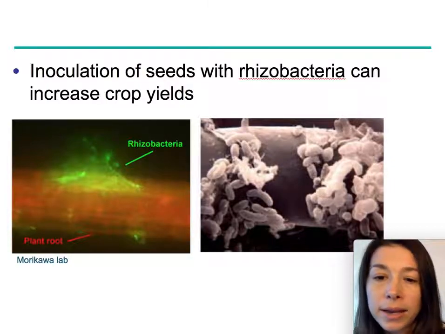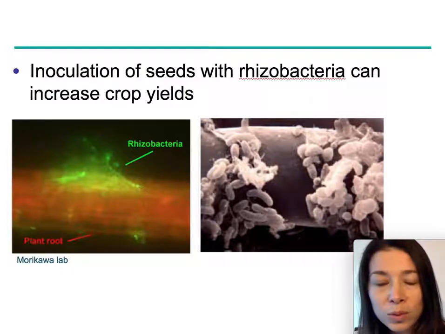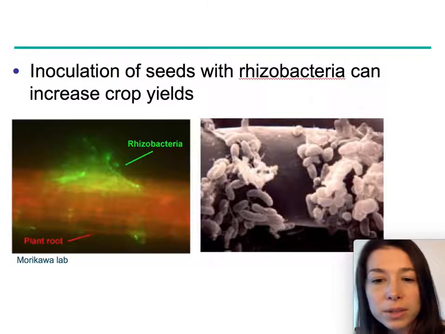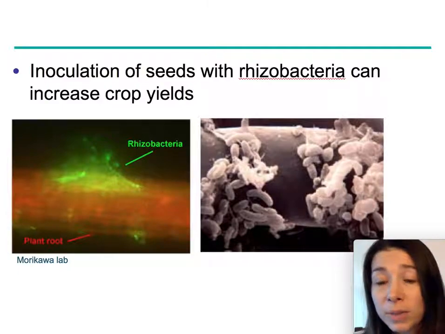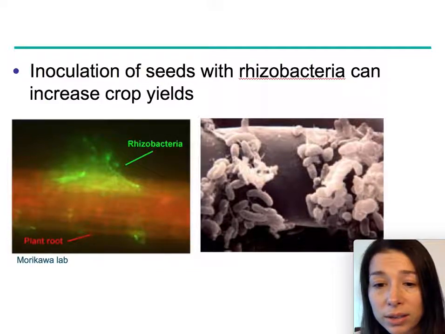So we know it's scanning electron microscope because the scanning gives you that 3D looking appearance. And we see that there are a lot of bacteria growing on that plant root. So we can actually increase our crop yields by inoculating our plants with bacteria. What are these bacteria actually contributing to the plants?